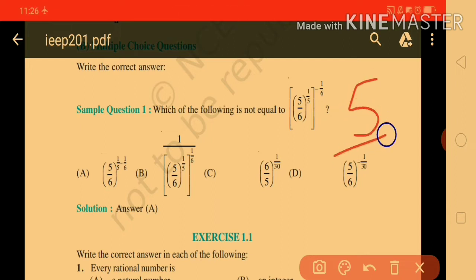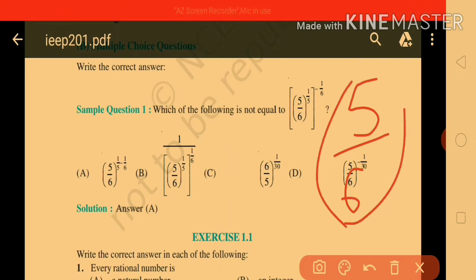This is equal to 5 by 6 raised to power minus 1 by 5 into 6, which is 30. Okay, so let us check. This is minus 1 by 30, so you can take the reciprocal to make the power positive. 6 by 5 raised to 1 by 30.